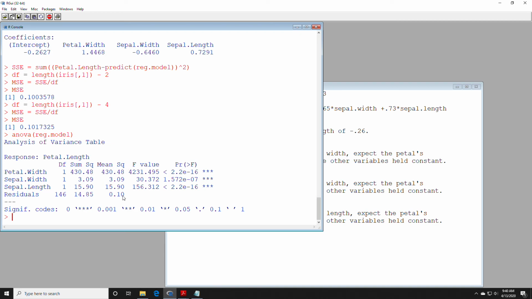The residual mean square is still correct. Notice it's just giving you more quantities, but we didn't really go into those so much anyway. So you can just ignore those and you can still get the estimate here. And to 2 decimal places anyway, it's 0.10.